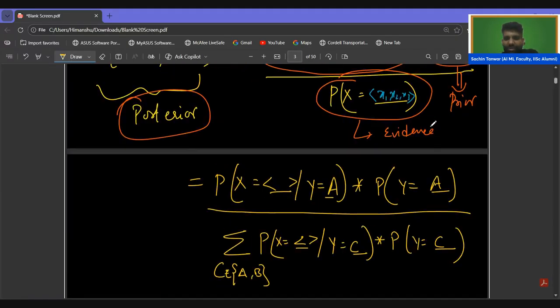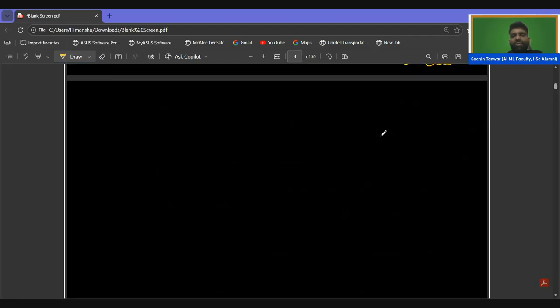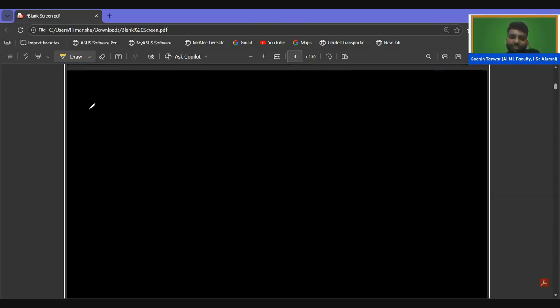Now, this particular thing is clear. So I'll just talk in terms of this now, only this one. Okay. So if I just talk with respect to this thing only, I'll start again. So let's suppose the data looks like this.